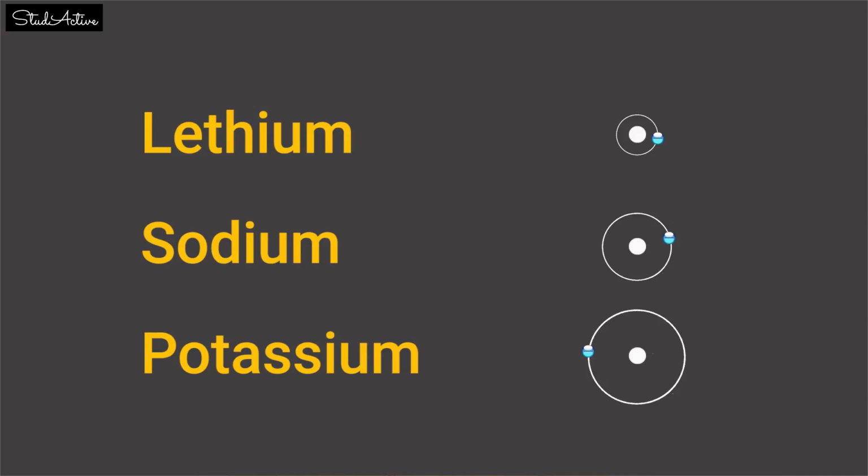Now when we see the atoms of these elements, it will be observed that there is a large distance between the nucleus of the atom of potassium and the last electron, while the minimum distance is there in lithium.